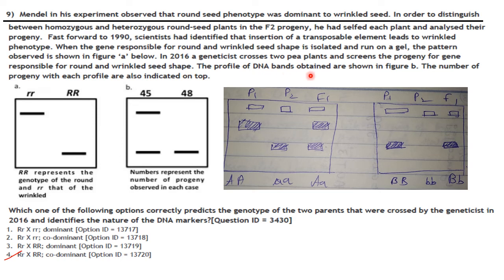The profile of DNA bands obtained is shown in figure B. The number of progeny with each profile is also indicated on the top. So after crossing, you get a band corresponding to small r as well as capital R in the same lane. Then you have a band corresponding to capital R in the next lane.